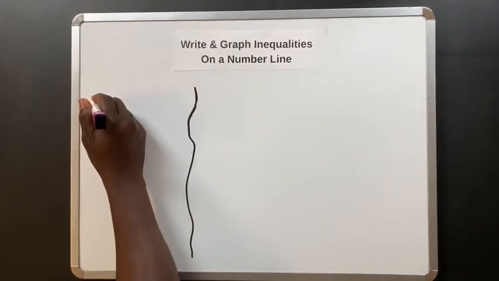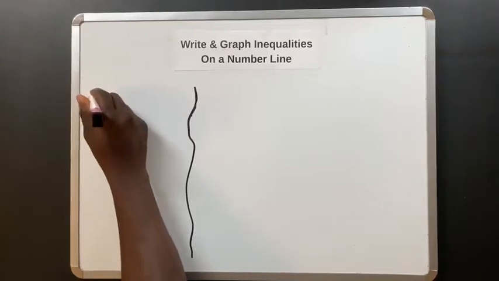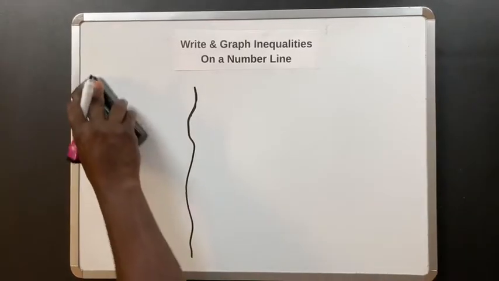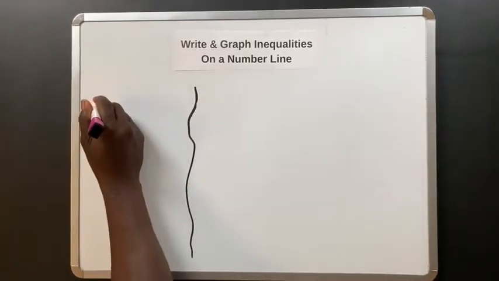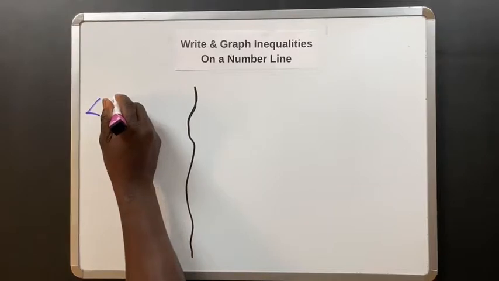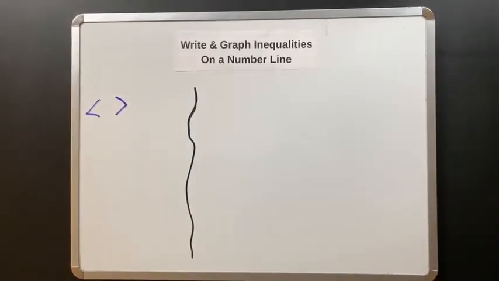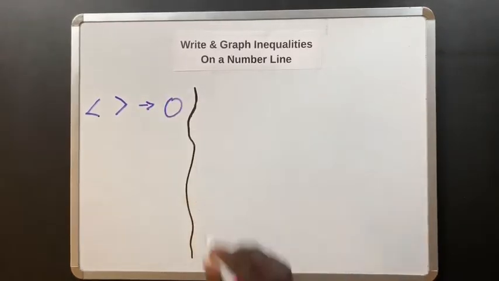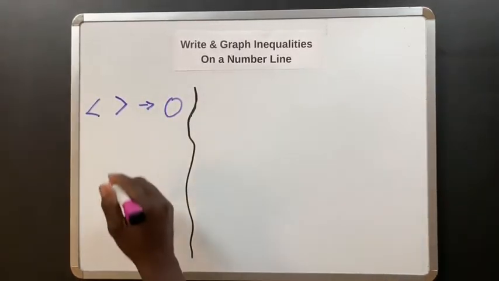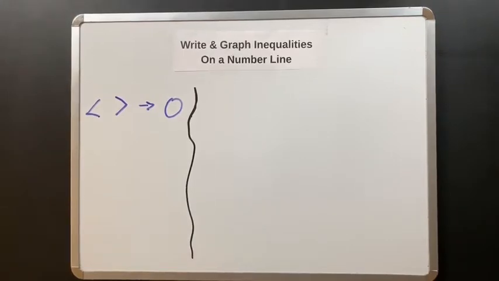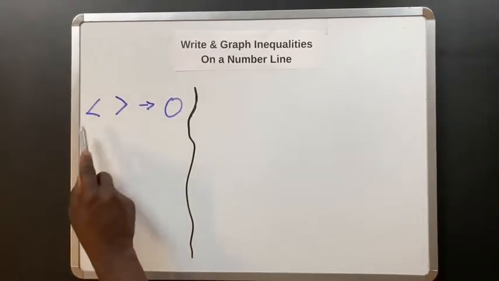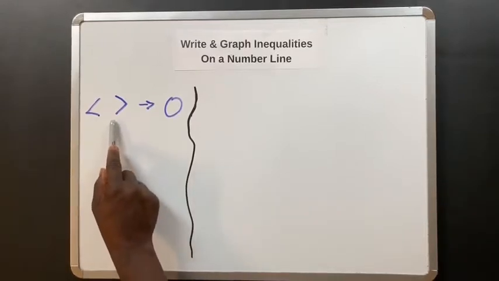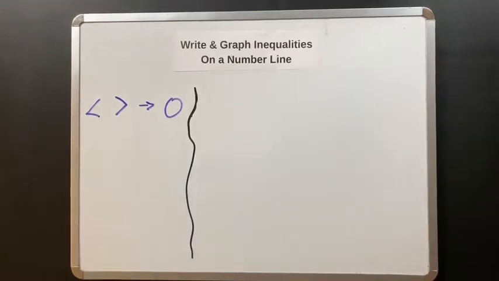So when you're graphing an inequality, if you have a less than symbol or greater than symbol, then we're going to have an open circle. Now, remember this, when you're reading an inequality, you read it from the left side, not the right side. So from the left side, this says less than. From the left side, this symbol says greater than, okay?